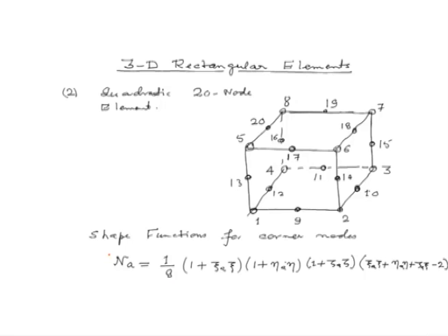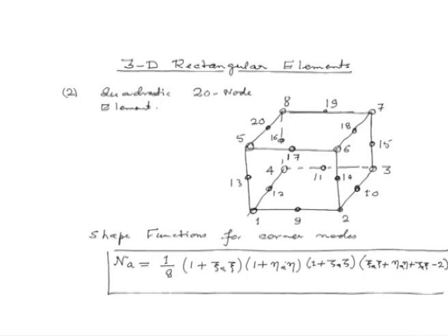So, this is a very compact expression for our corner nodes. Substitute their natural coordinates xi_a, eta_a and zeta_a to get the corresponding shape functions.